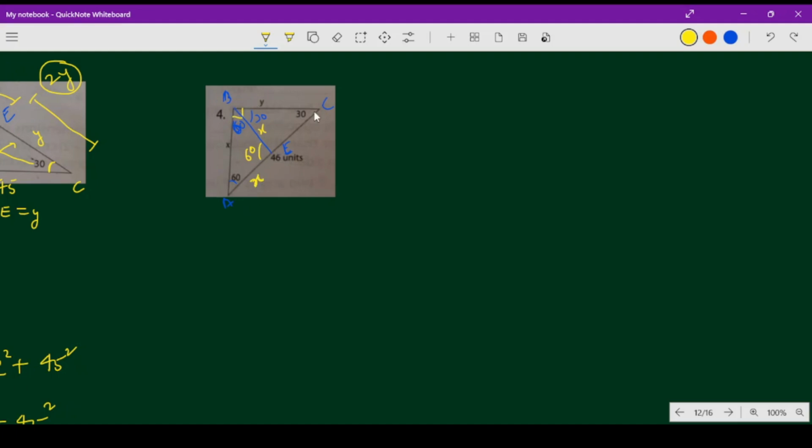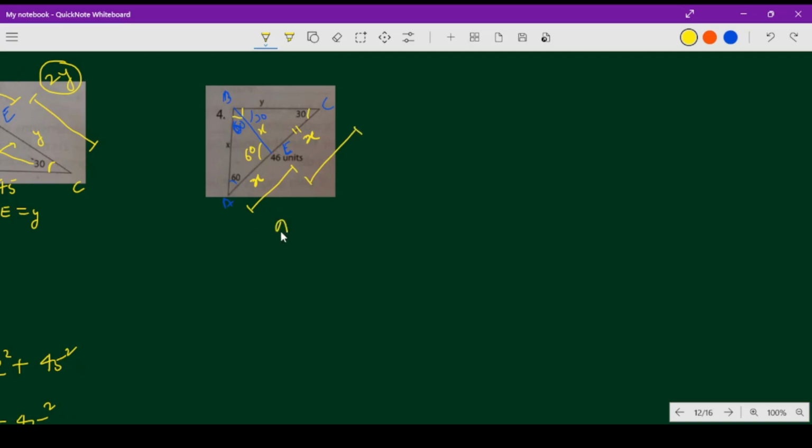Now in this triangle BEC, as this angle is equal to this angle, their opposite sides are also equal. It means opposite to this is this part, and opposite to this is this. It means this is also equal to x. So over here we can find that here to here is x, and here to here is also x.